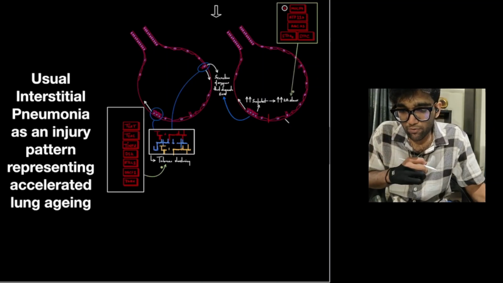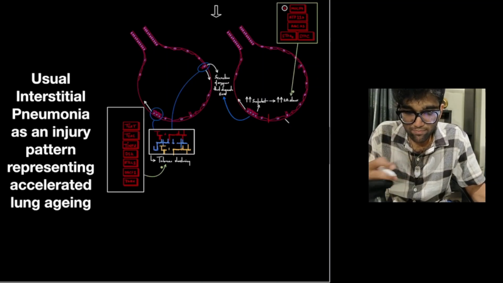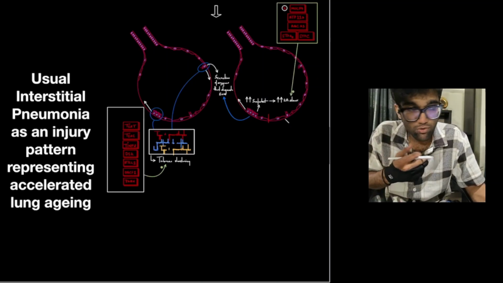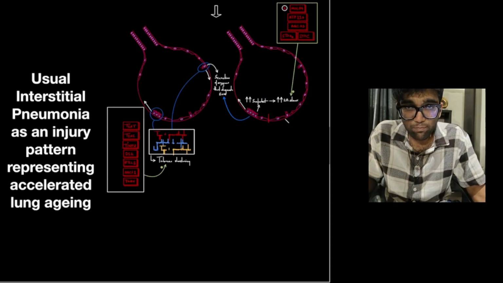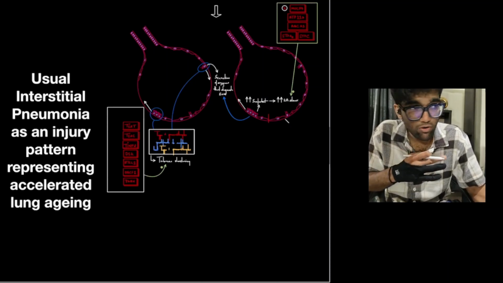Eventually, because these type 2 pneumocytes are not able to cover the entire epithelium, there are portions of the epithelium that are no longer intact.